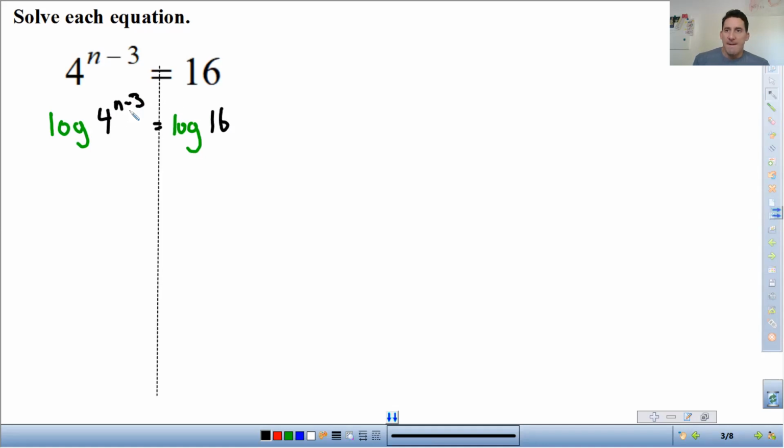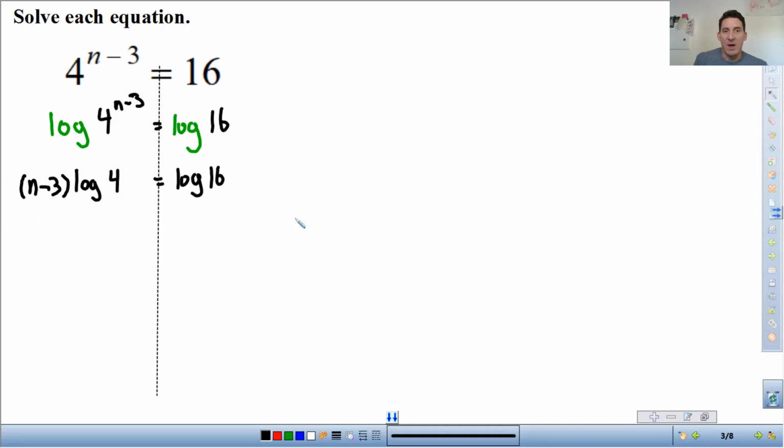Now I can move the exponent, that whole exponent of n minus 3, out in front, bring it down using the power property of logs. So it's going to be n minus 3 times the log of 4 is equal to the log of 16.